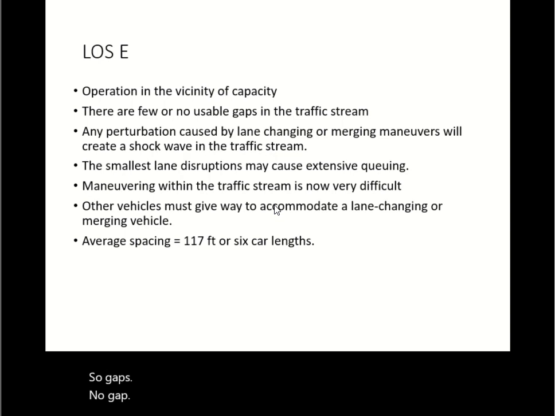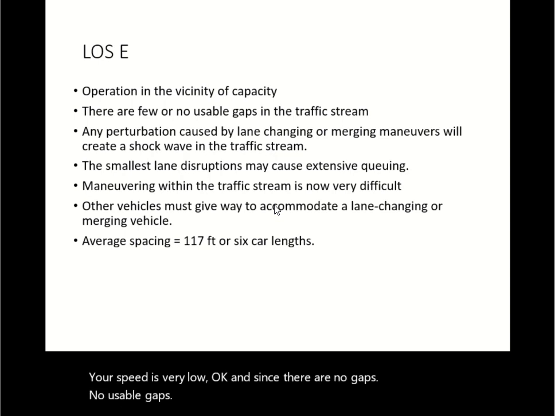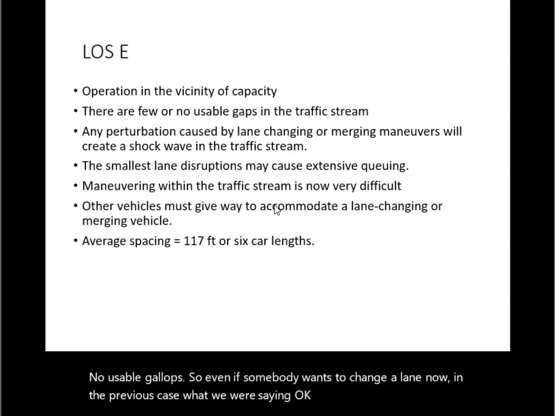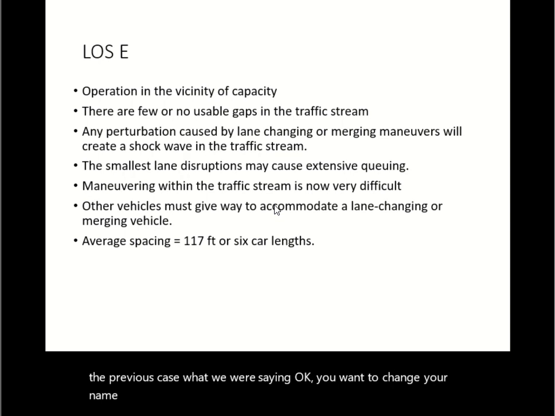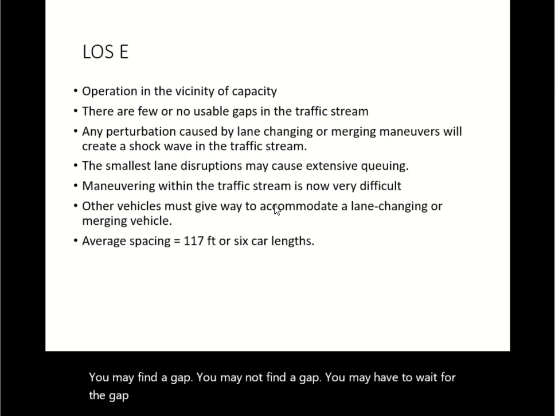In this case your speed is very low, and since there are no usable gaps, even if somebody wants to change a lane, in the previous case you might find a gap, you might not, you may have to wait for the gap. In this case, there is no chance. You are already at capacity.